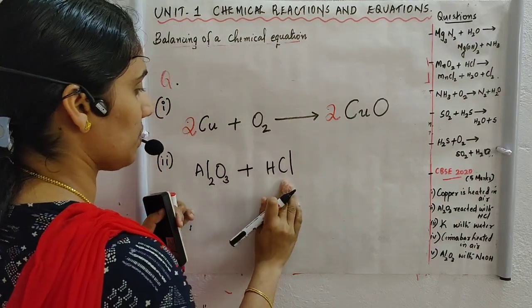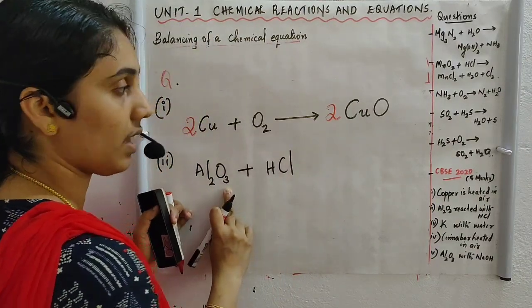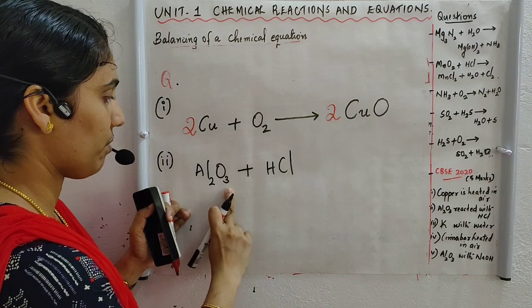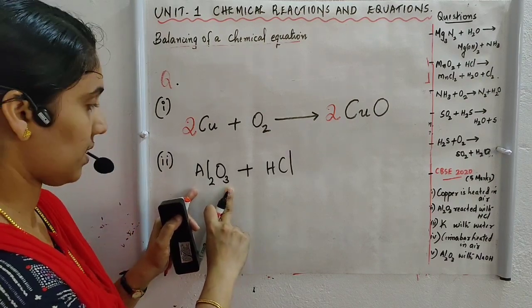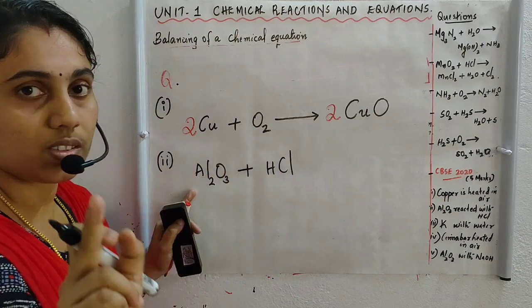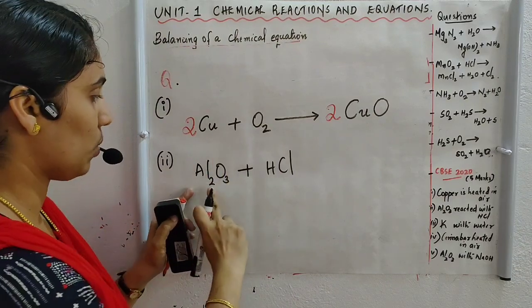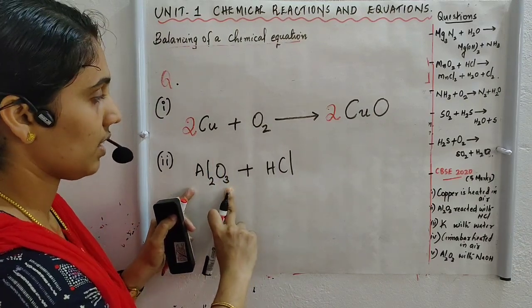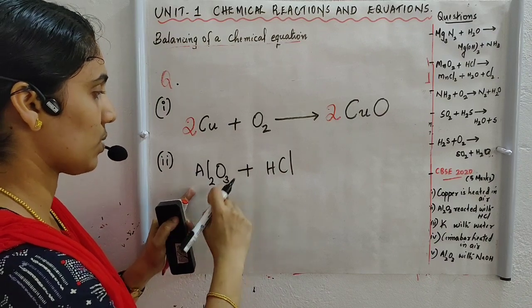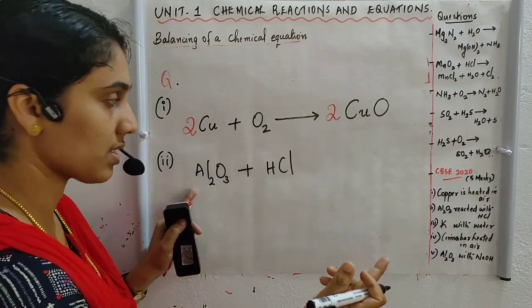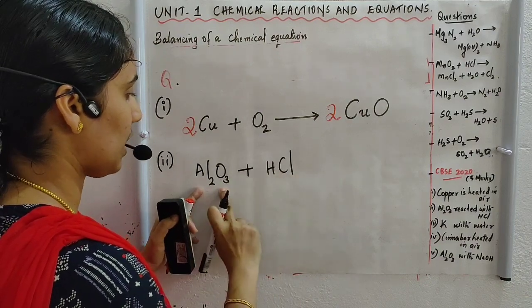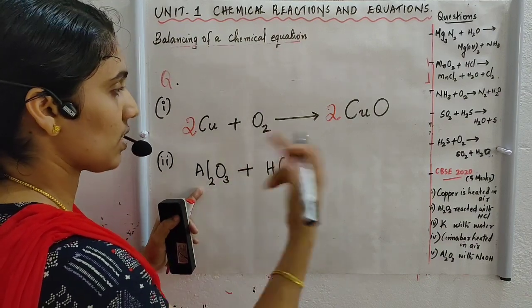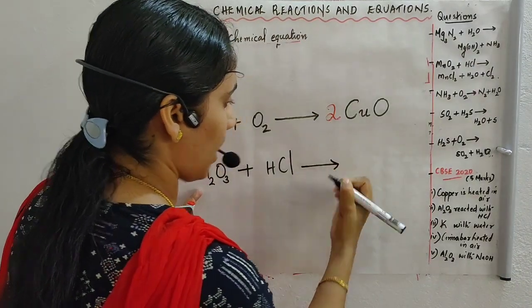So how will the reaction take place? Aluminium oxide is an amphoteric oxide. Amphoteric oxide means it shows both acidic as well as basic character. Usually metal oxides are basic in nature, but aluminium oxide shows both acidic as well as basic character, or it will react with both acid as well as base. So here, this is an acid, so it will act as a base here. So the resulting substance will be salt and water.